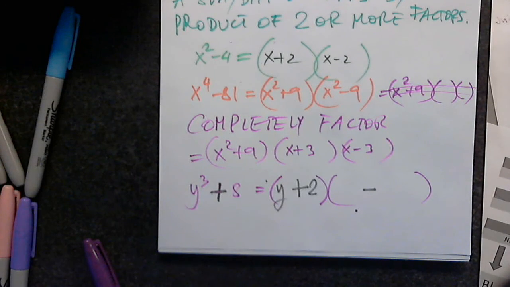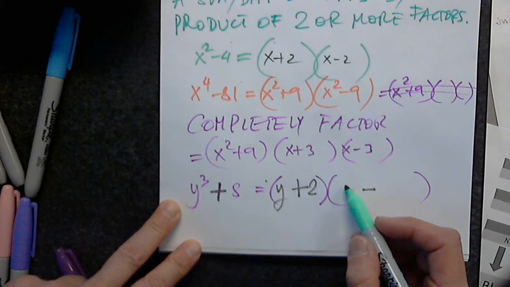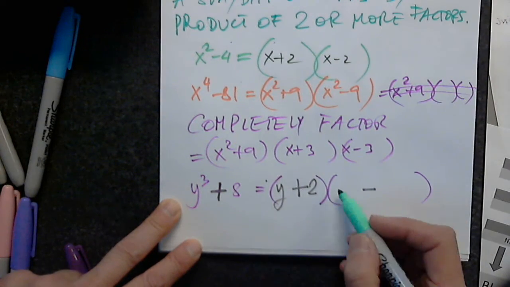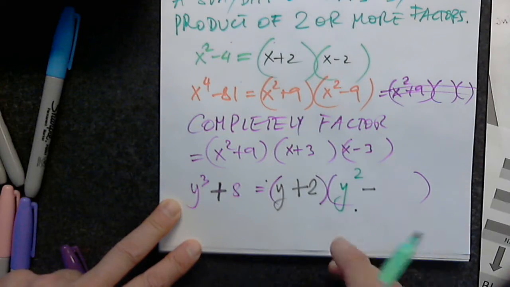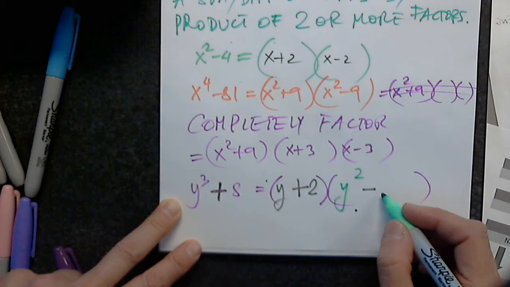So tell me what should I put in the trinomial? First term squared. Y squared. Perfect. The product. Minus 2.